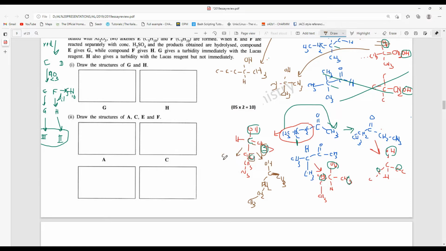And from this position, again what is going to happen? Here there are CH2, one other hydrogen, and another hydrogen. So again, OH will be added to this place, and CH3 here, and hydrogen is here. Now in this place again there is one hydrogen, although there is a double bond.